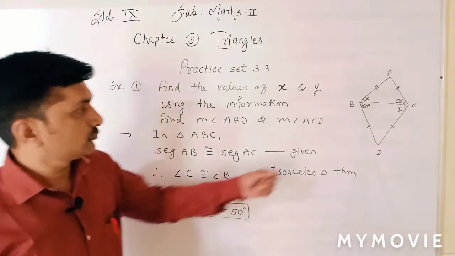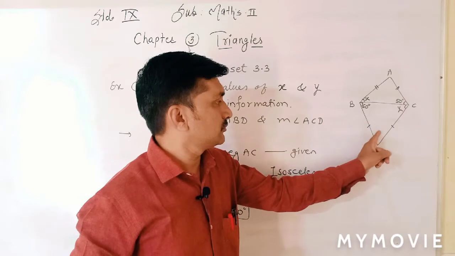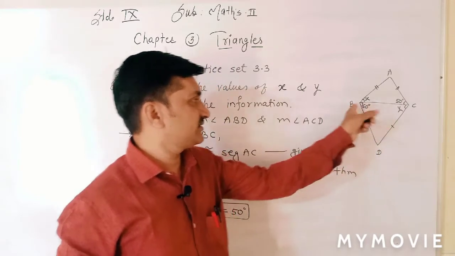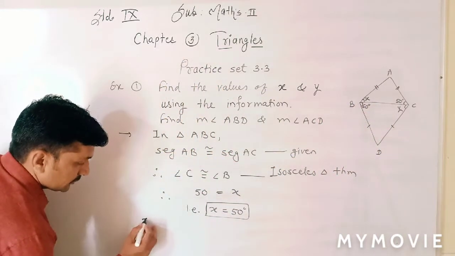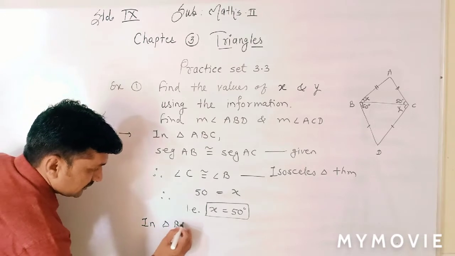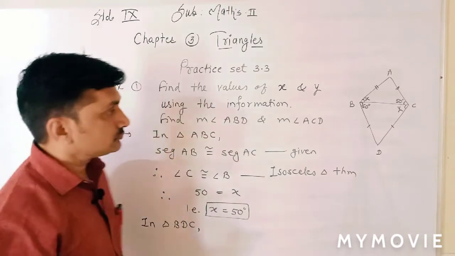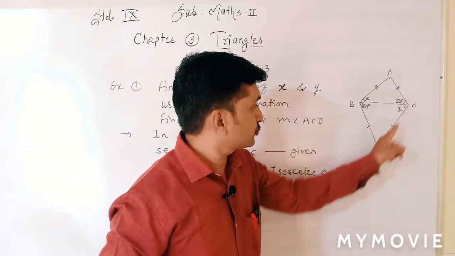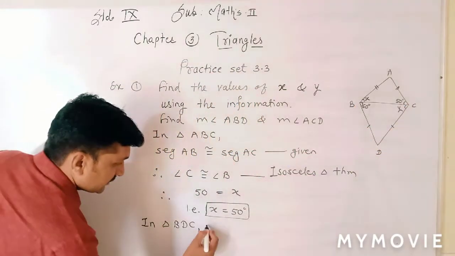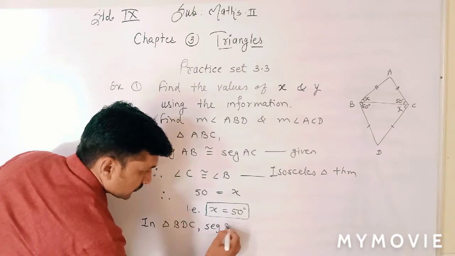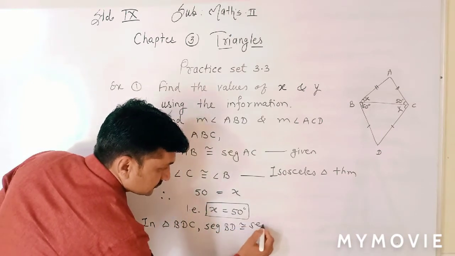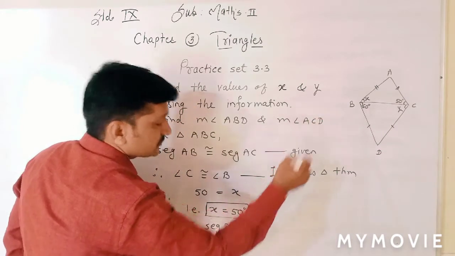Similarly, take triangle DBC, or BDC, you can say. In triangle BDC, which two segments are equal? Seg BD is congruent with seg CD.